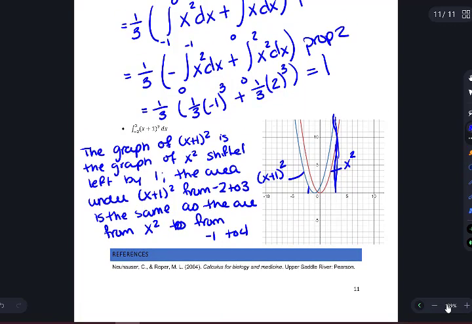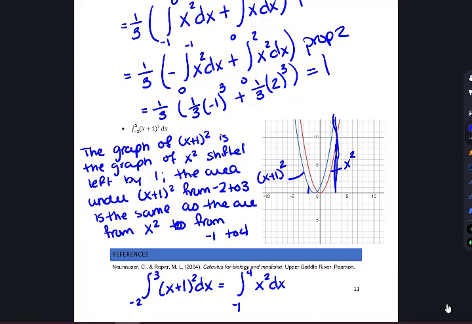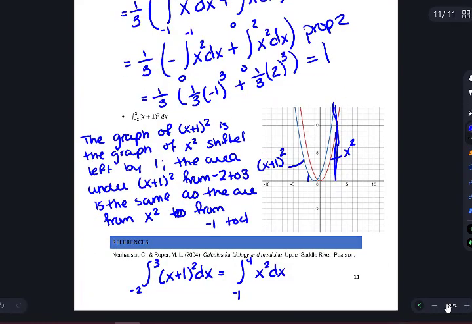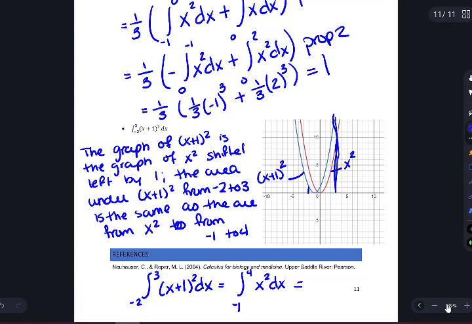So using our integral notation, what we're saying is the integral from -2 to 3 of x plus 1 squared dx is equal to the integral from -1 to 4 of x squared dx. And then from here, we can apply the properties just like we did in this problem right here. And you would find that this is equal to 65 divided by 3.